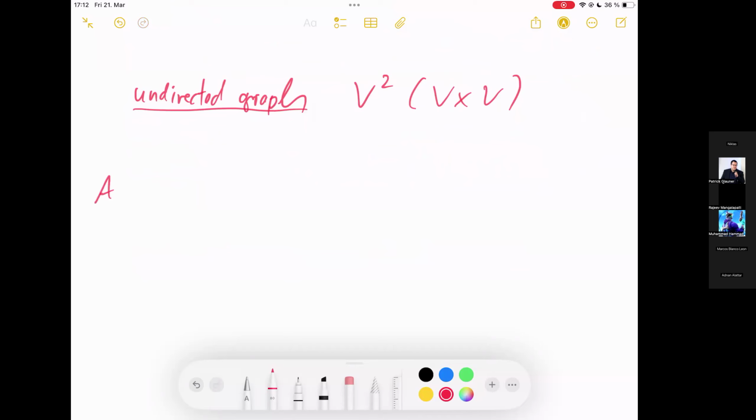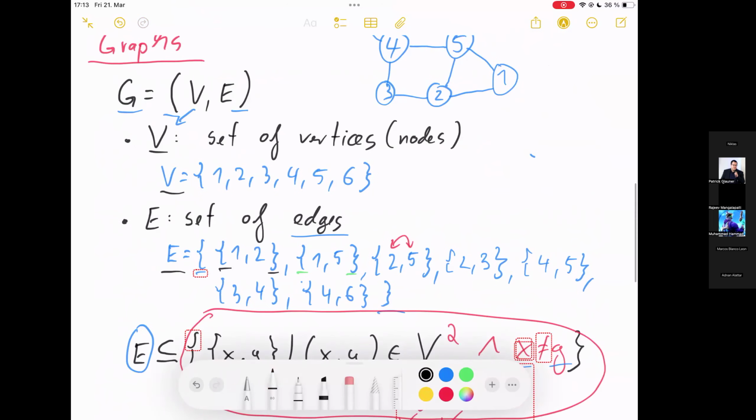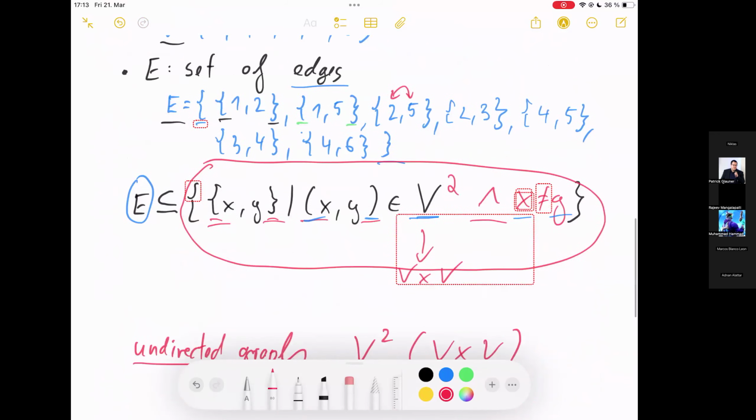We still have a little bit of time, and we will do now so-called adjacency matrices. An adjacency matrix is a matrix representation of a graph. So one possible definition of the graph is, we say the graph is a tuple of V and E, where V is the set of vertices and E is the set of edges.